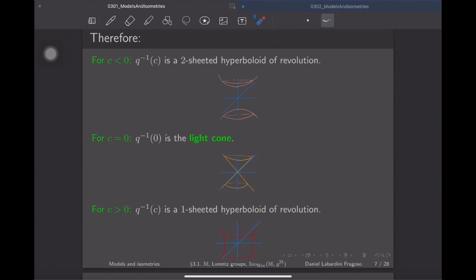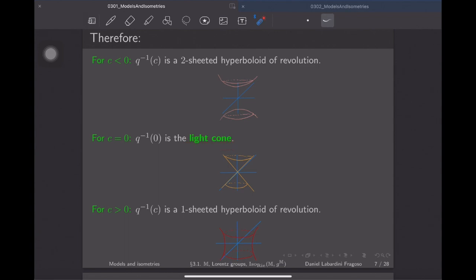And then when we let -c come close to 0, the two get close to each other, right? And when c is 0, these two sheets come together, the picture gets degenerate, and it produces this two-sided cone, right, known as the light cone.